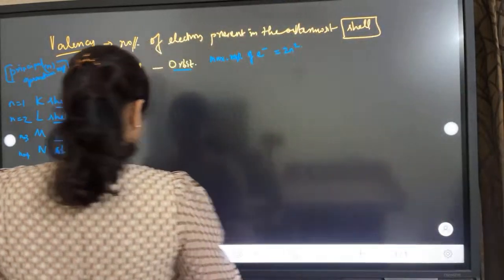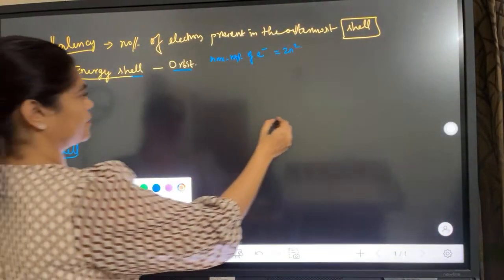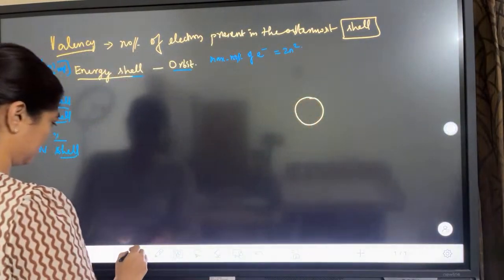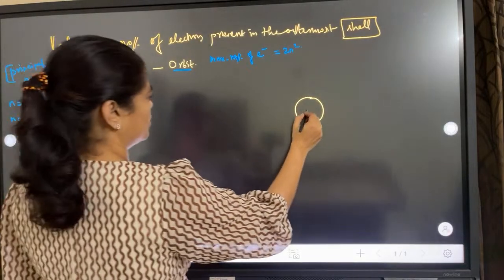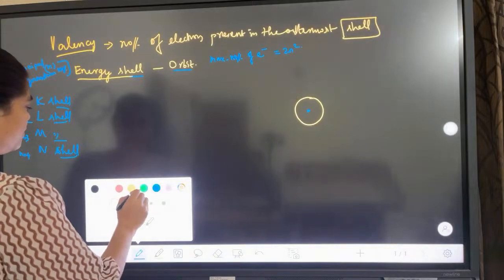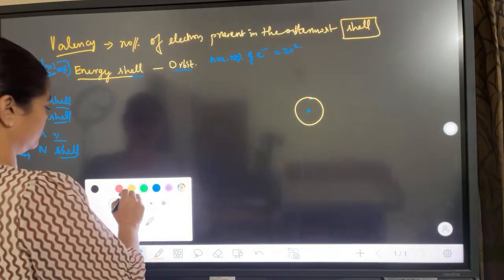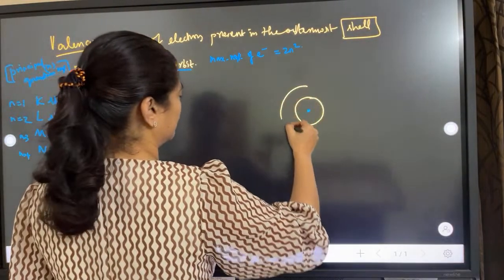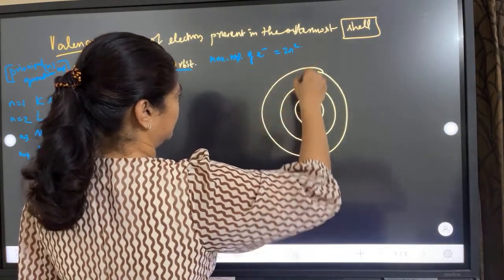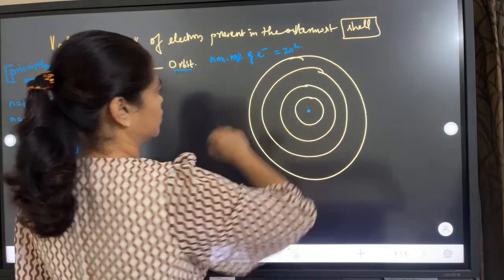This is the first orbit, then the second orbit, then the third orbit, the fourth orbit. It goes on like that.